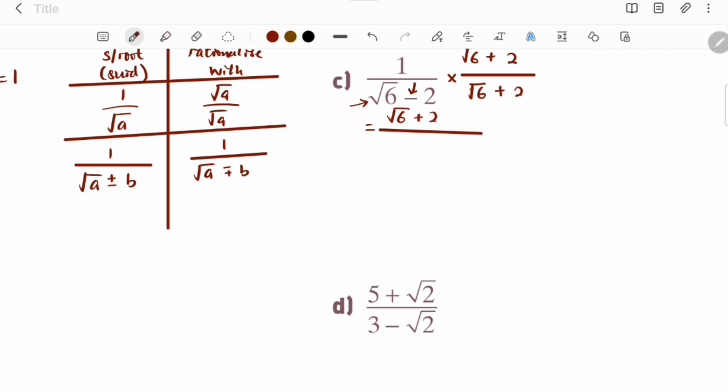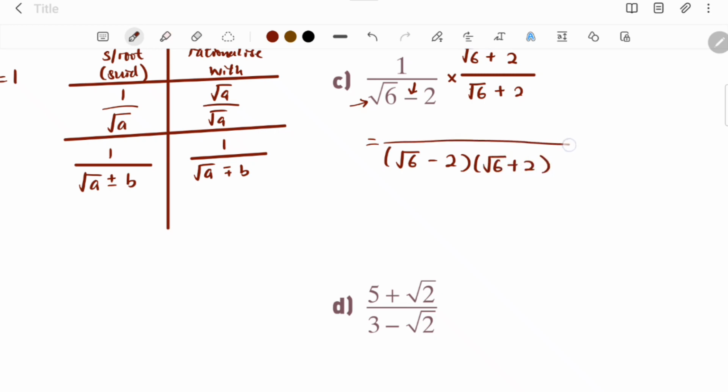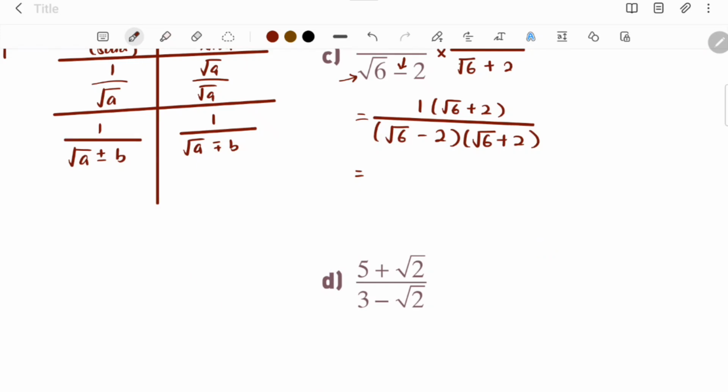Surd 6 minus 2 multiply with surd 6 plus 2. Here, one multiply with surd 6 plus 2. So, surd 6 times surd 6, you get 6.